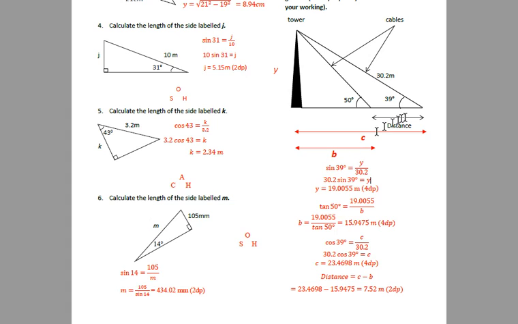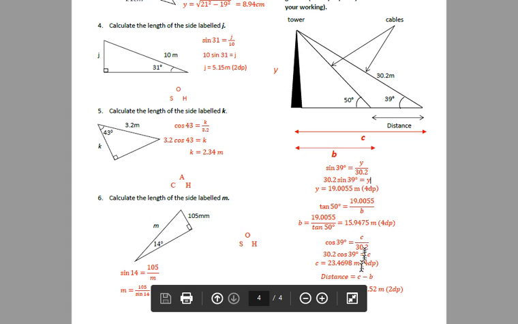Notice this is B and C, so you don't get confused with A, as we're going to call this our adjacent all the way across from here to here. The adjacent side all the way across has been called C, so instead of A we use C there, with hypotenuse 30.2. You can work out the C value, and then you subtract them and get the final answer.